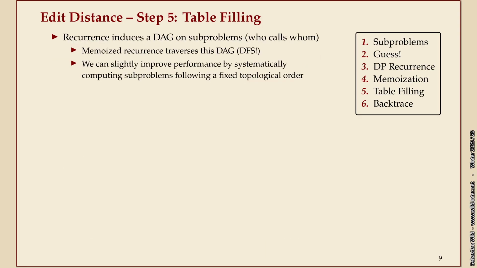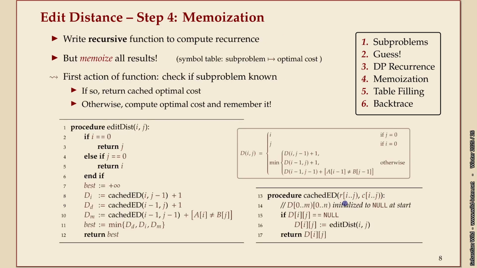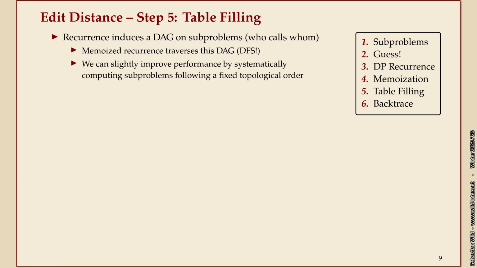This is often not the most efficient way to do it in practice because you're essentially doing unstructured random accesses to this two-dimensional array. And for cache locality, that's not perfect. You often do slightly better if you just fill up all the entries in this table bottom up.